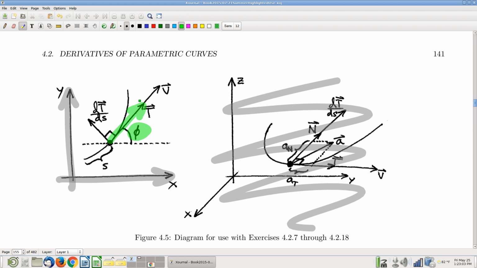The rate of change of the tangent vector will give you another vector. Turns out it's always perpendicular to the curve. That's something y'all are going to prove as an exercise. And it turns out that the magnitude of this vector, dT/ds, is also equal to the curvature. It's always the same. So this ends up being convenient.